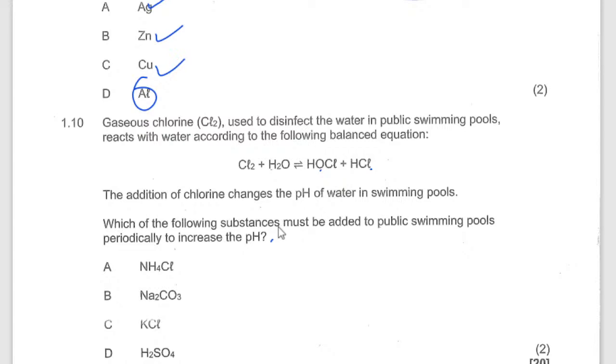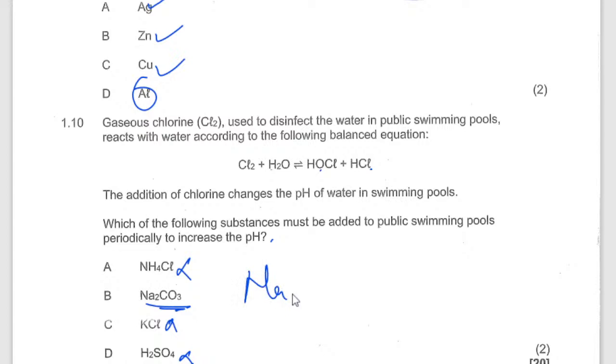When you say increase the pH, it means you are trying to increase the alkalinity. So in this regard, it can't be this, it can't be this, it can't be this, it must be this. Why?